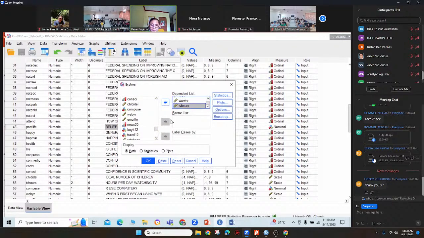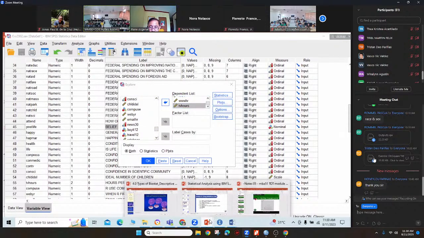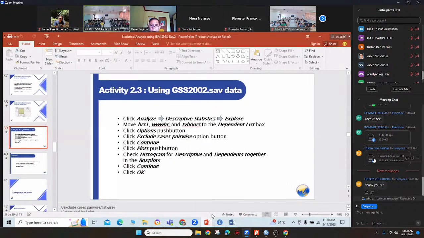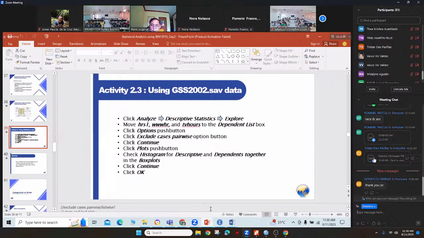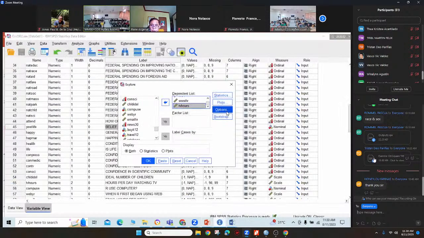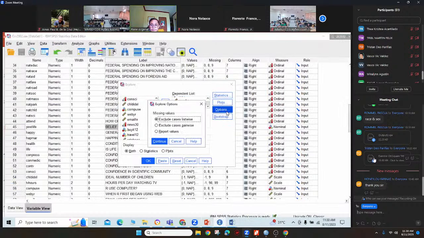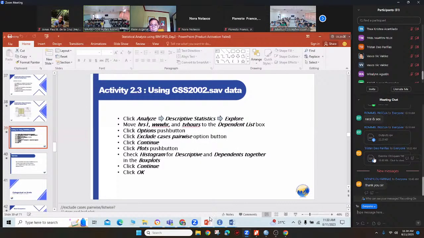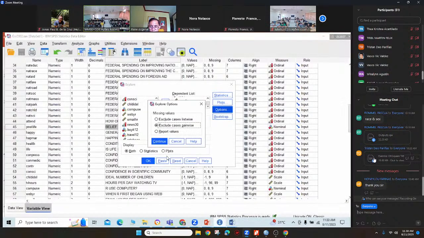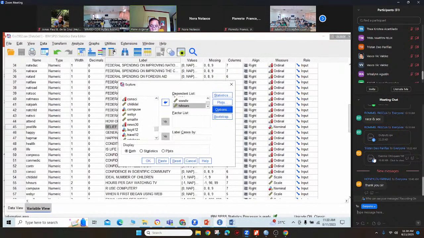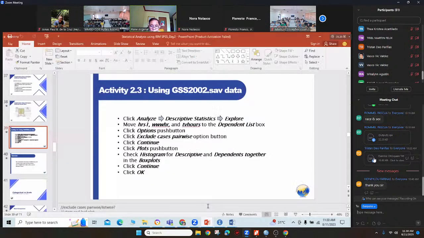And then options. Then options, exclude cases pairwise. Continue, and then plots.